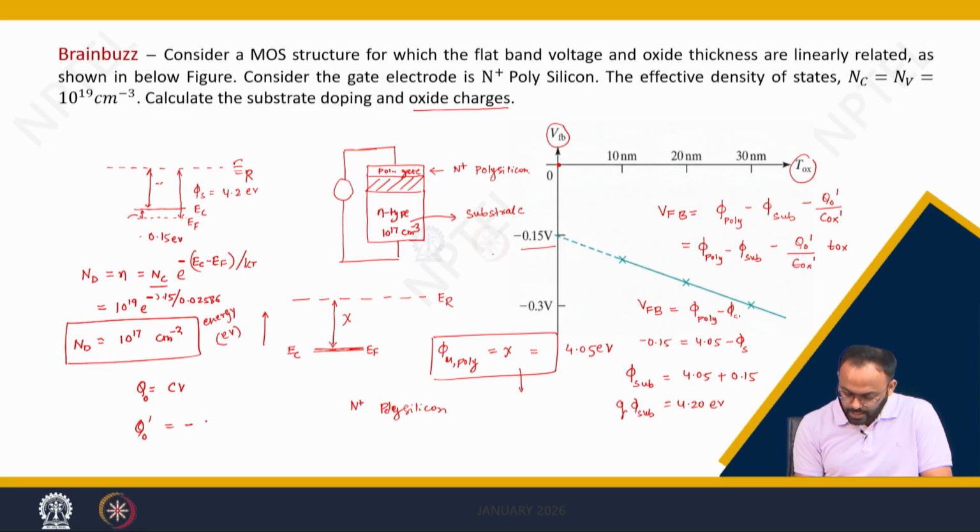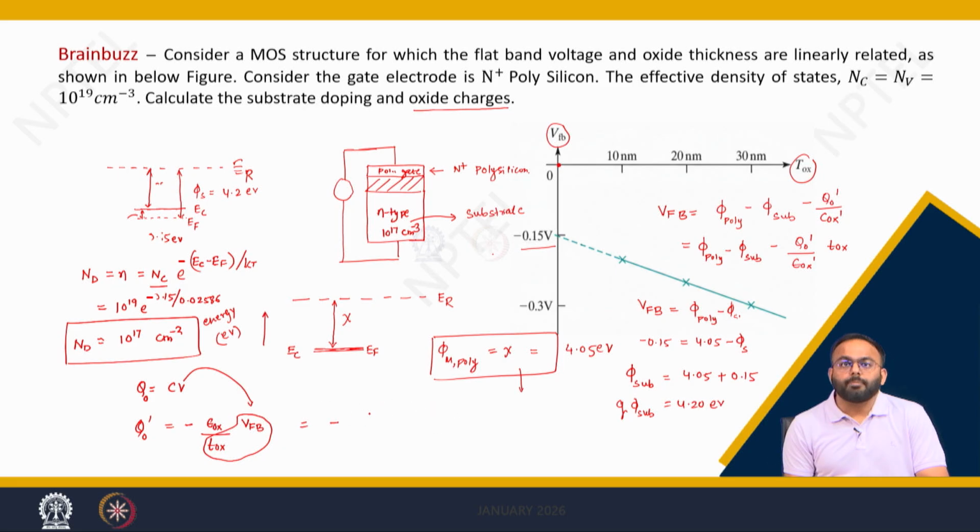It can be written as Q naught equals C times V. C can be written as epsilon ox divided by T ox, and V is the flat band voltage. So, ultimately you are calculating the slope, delta V flat band divided by delta T ox. So, you can rewrite it as minus epsilon ox, which is epsilon naught times the relative permittivity of SiO2, times the flat band voltage.